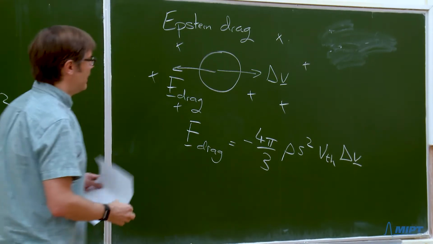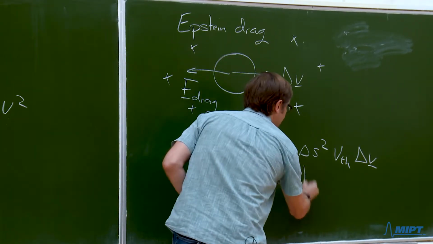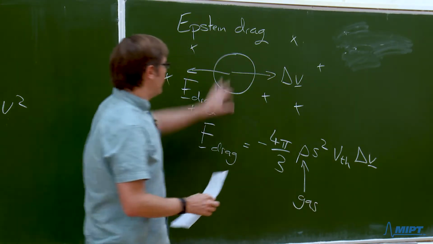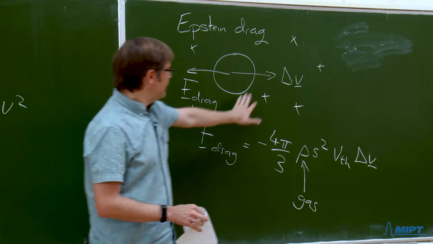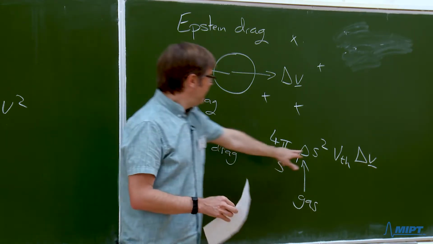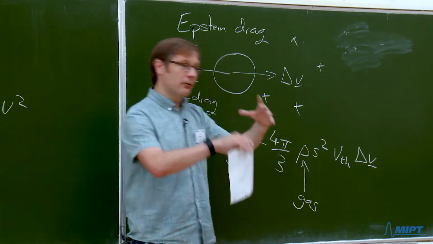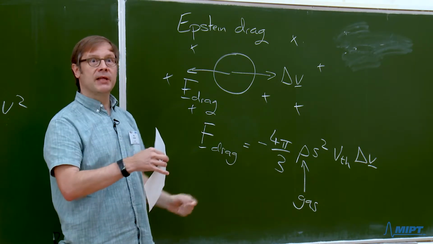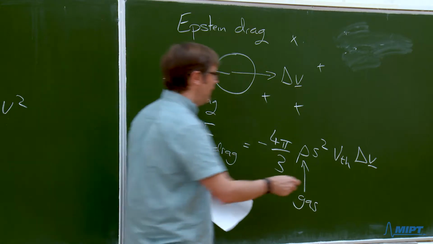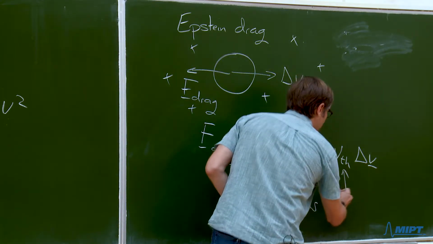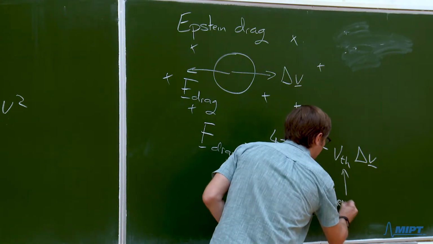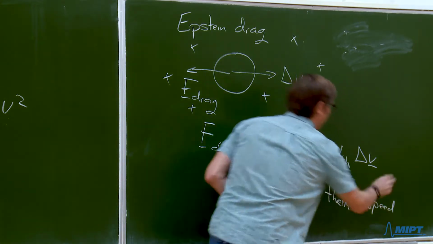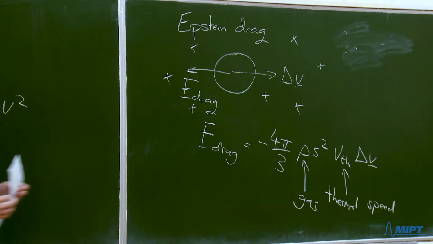delta V. Okay, so rho is the density of the gas that the particle is interacting with. Delta V is its relative velocity. S is its radius. So obviously this depends on the cross-sectional area that the particle presents to the gas around it, and V thermal is just the thermal speed in the gas.